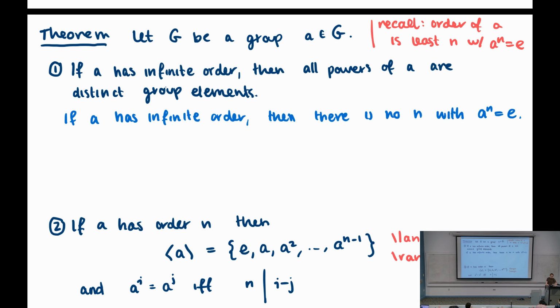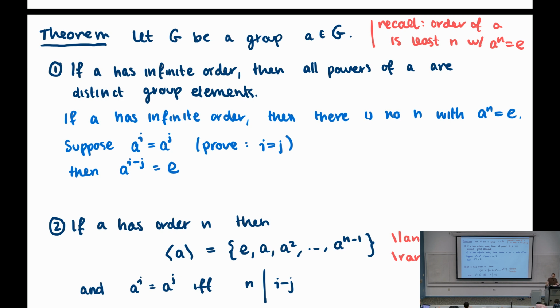Let's suppose that we do have some power a to the i that is equal to some other power, a to the j. Then we will prove that in fact i is equal to j, and that will show that all of the elements of the subgroup generated by A are distinct group elements. So if a to the i is equal to a to the j, then a to the i minus j is equal to e.